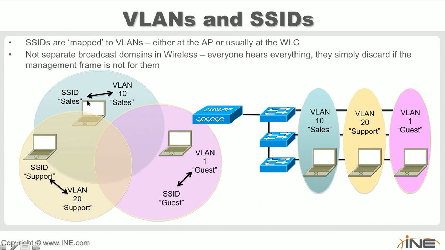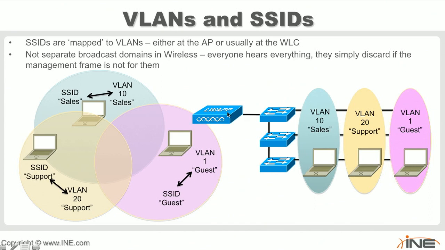So it doesn't mean that the person over in support can listen to all the data that's being sent on the SSID of sales. In fact, it doesn't even mean that anyone else in the sales SSID can listen to the data, because I'm actually going to have encrypted data sent just from my laptop over to the access point or possibly over to the controller.